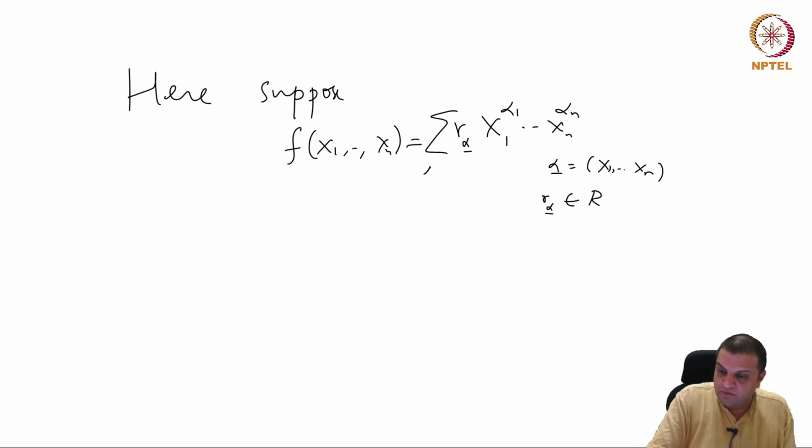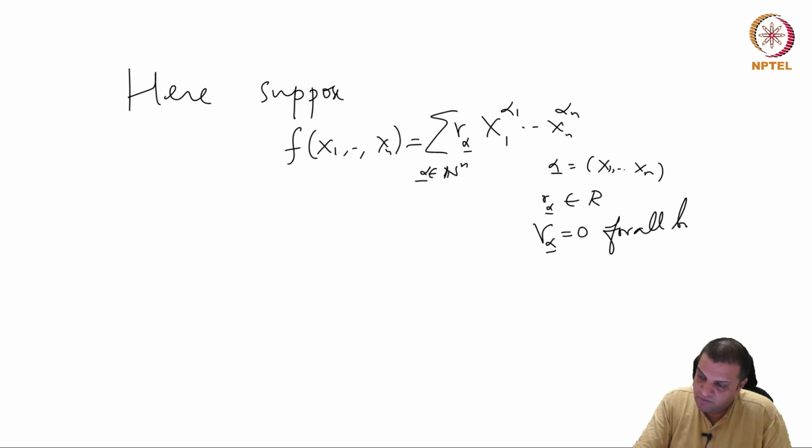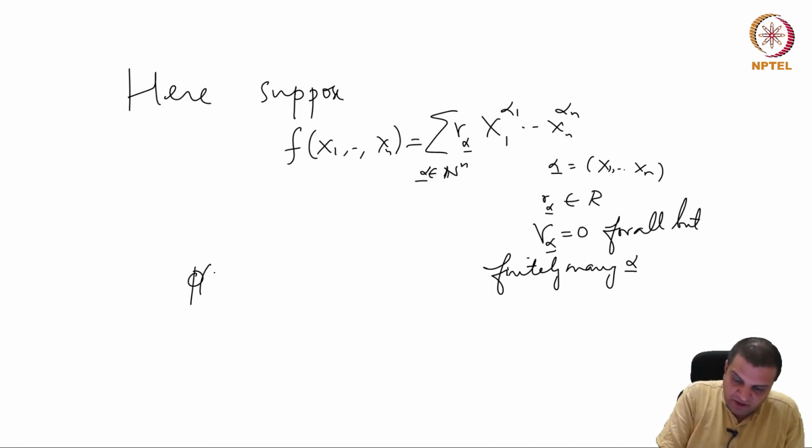So this is a polynomial, and the coefficients are from the ring R, the coefficient corresponding to that monomial. Then r alpha equals 0 for all but finitely many alpha. Then phi of f is the same polynomial, except the coefficients are now substituted inside S.